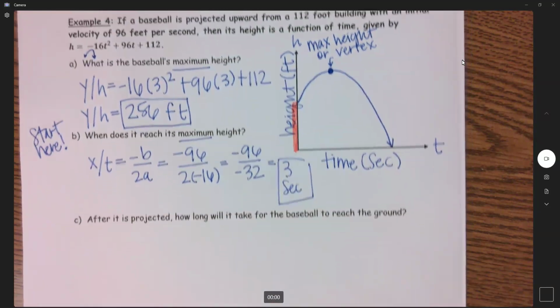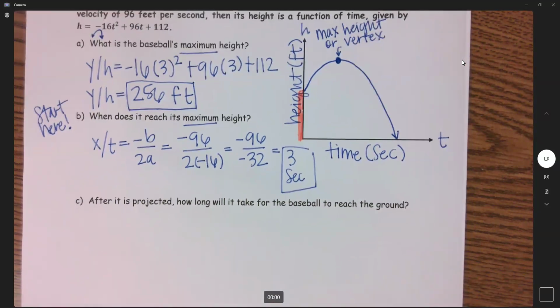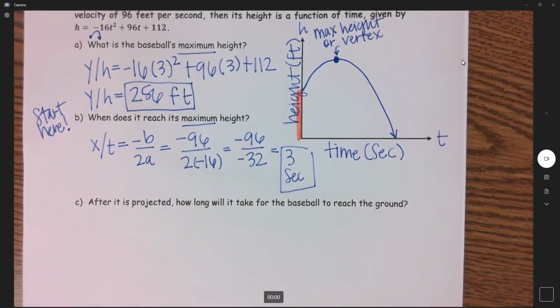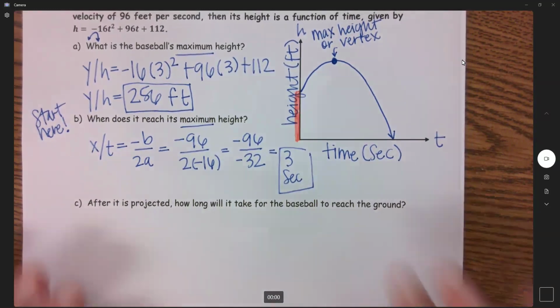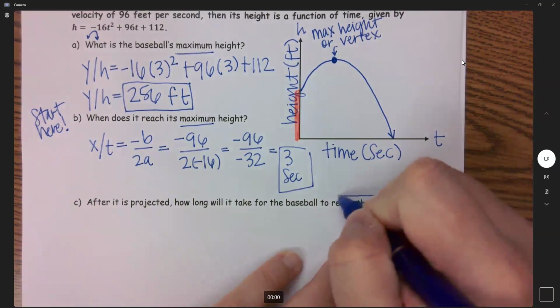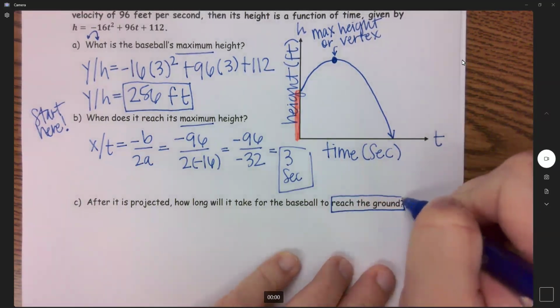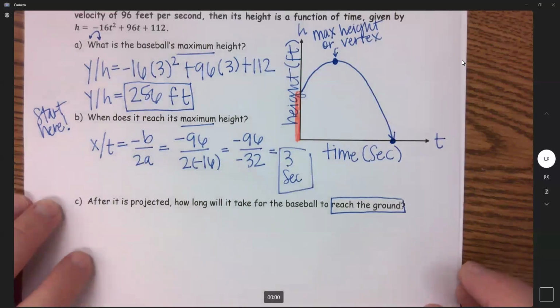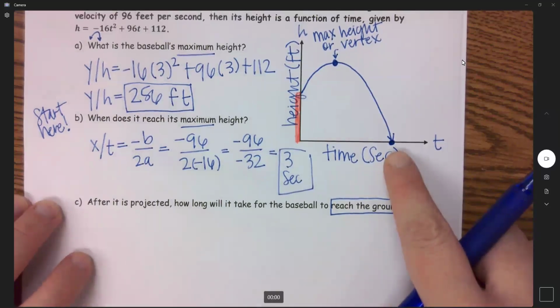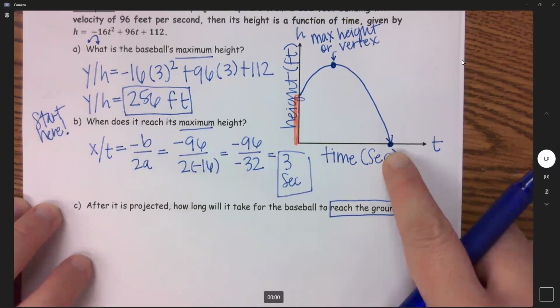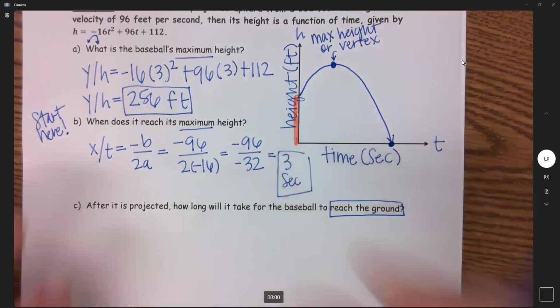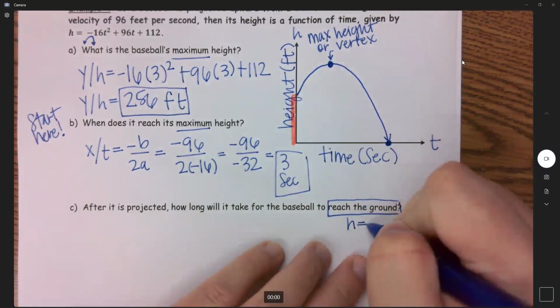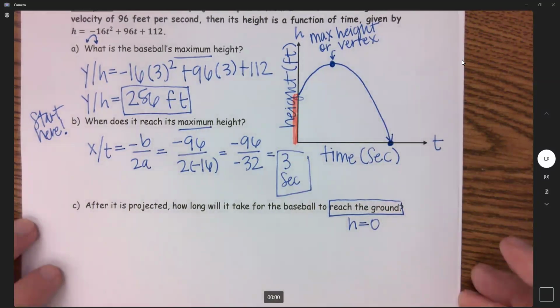Part C wants to know, after it is projected, how long will it take for the baseball to reach the ground? If something is reaching the ground right here, this means that my height, my h, equals 0.